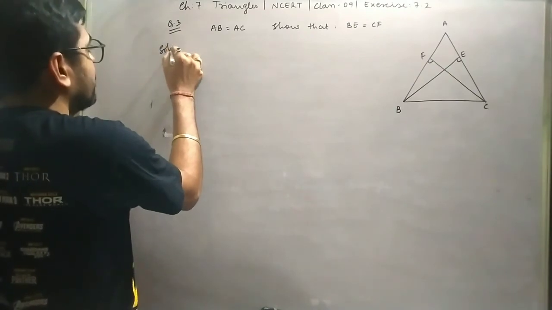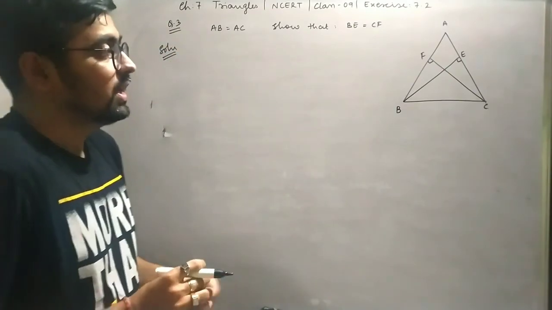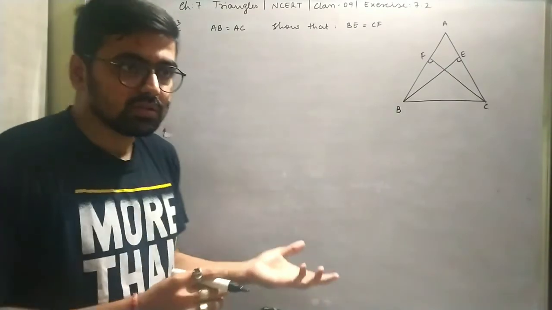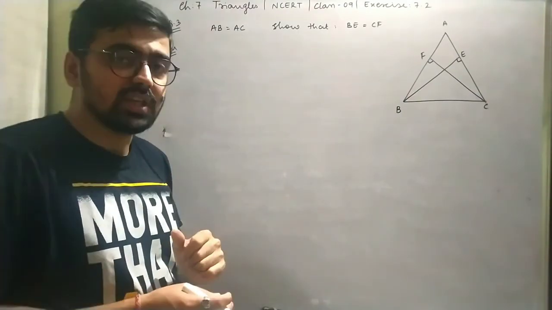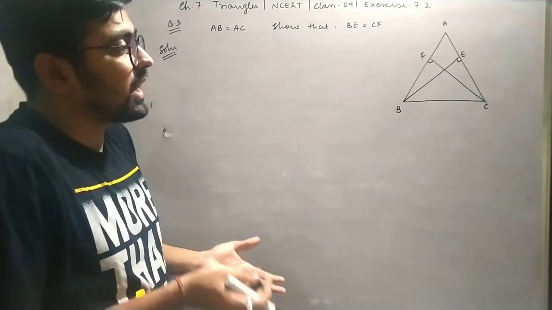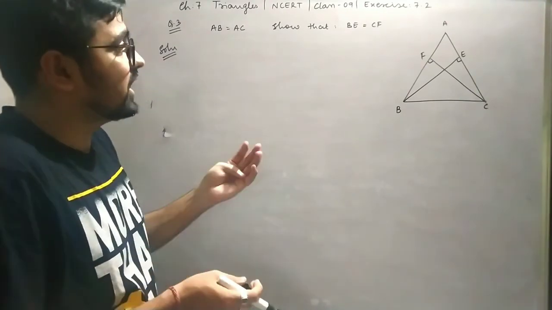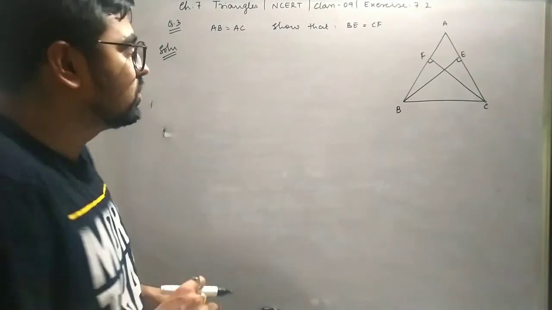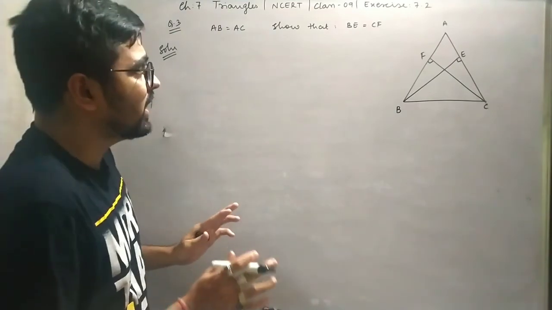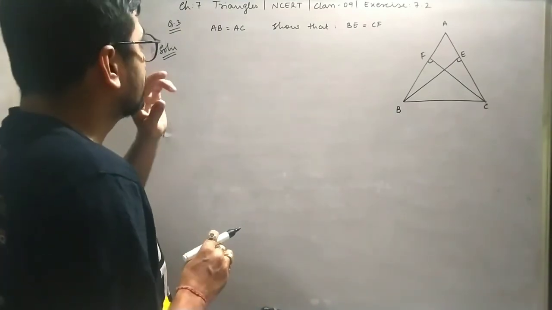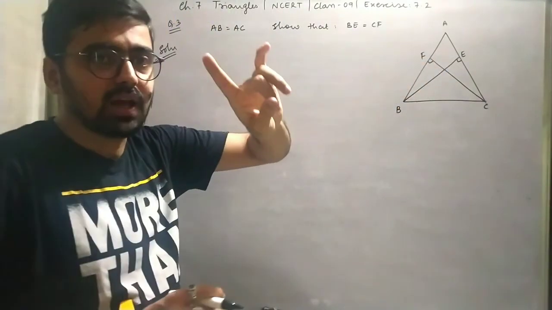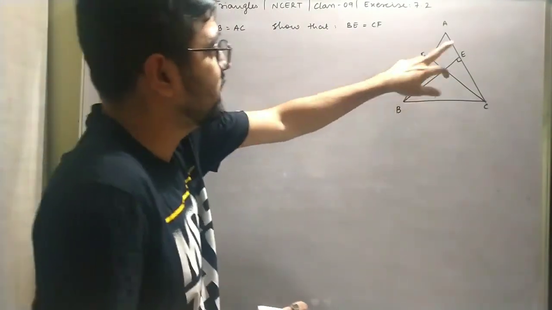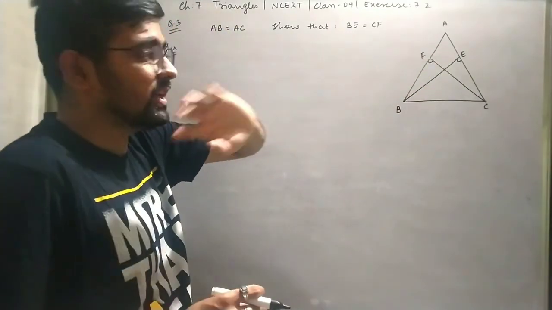But first things first. We have to select triangles जिसको हम by CPCT prove करेंगे BE equals to CF. Correct? But which two triangles can we go for so that we can easily get the problem done? So let's think in the same manner as we did the previous time. कि भाई BE और CF I don't want in the same triangle. पहला criteria है ना, BE and CF I don't want in the same triangle.